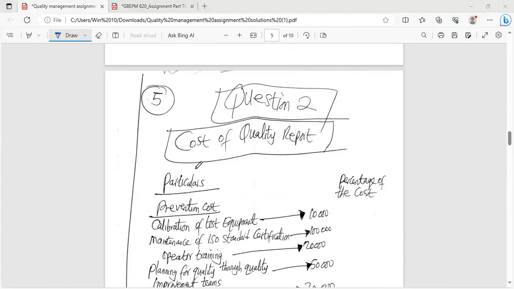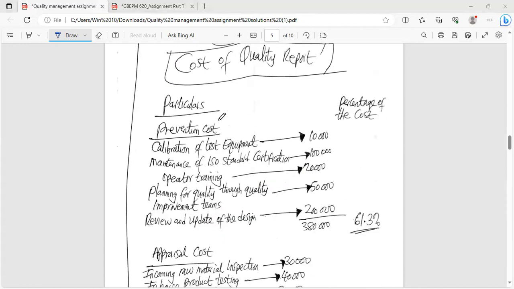So meaning categorizing them, the prevention cost or calibration of test equipment, which was 10,000.